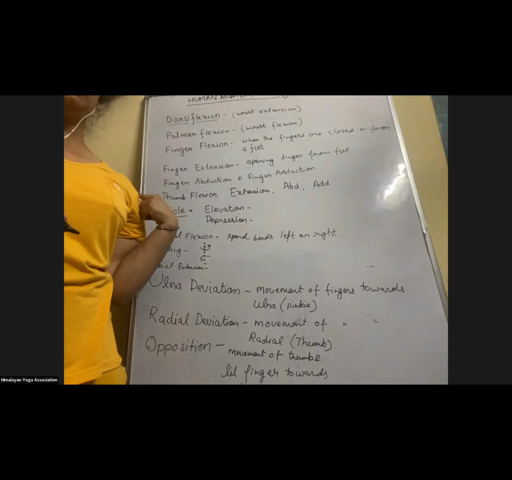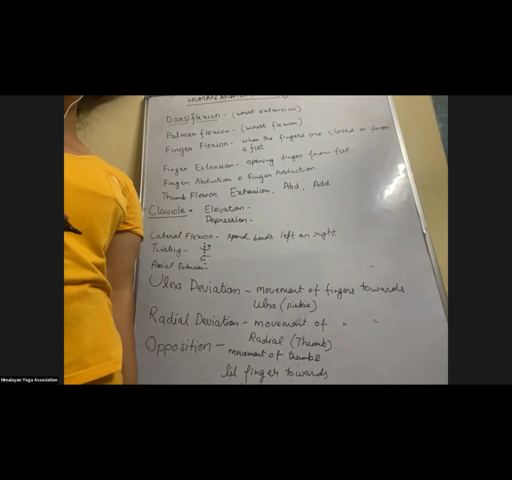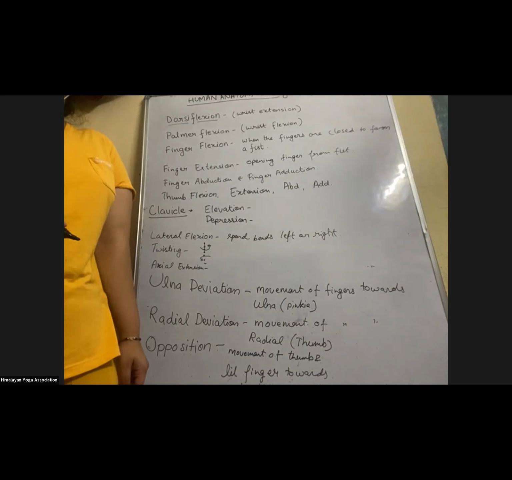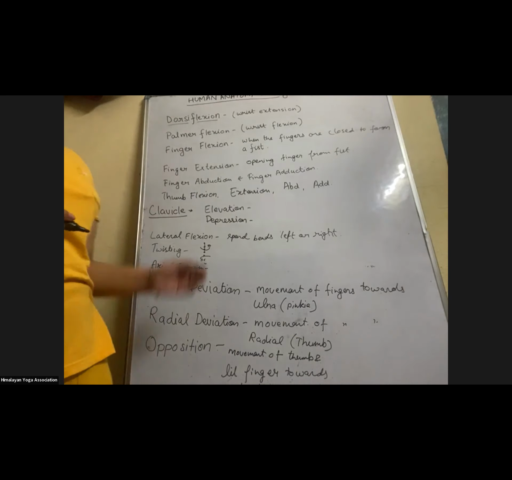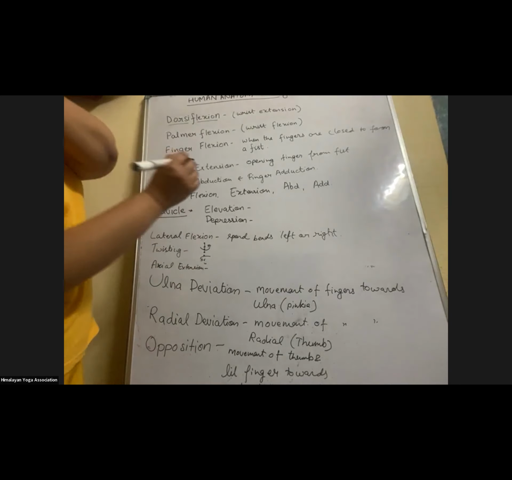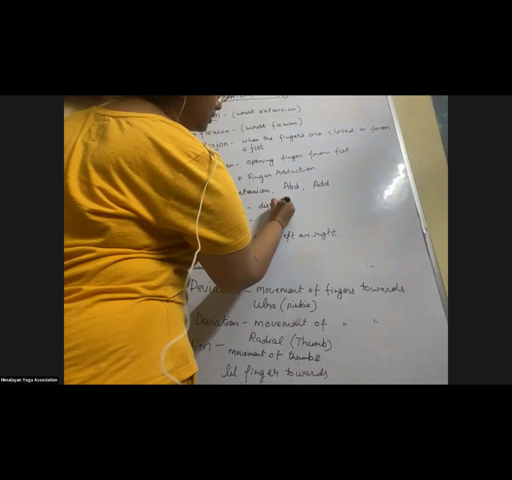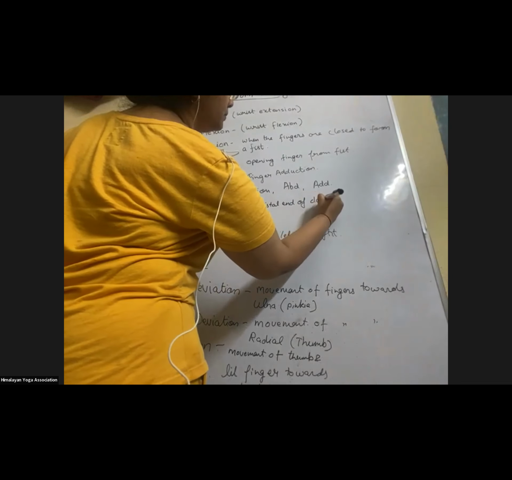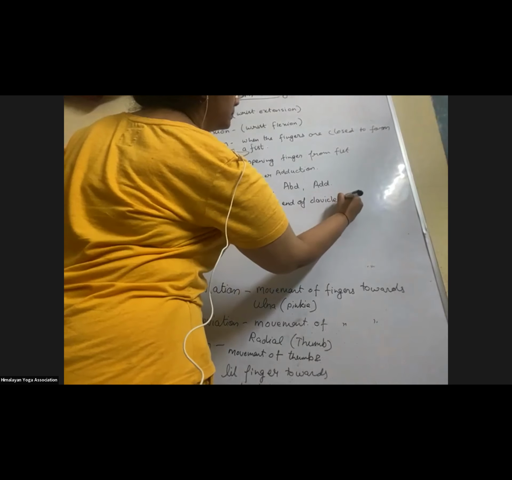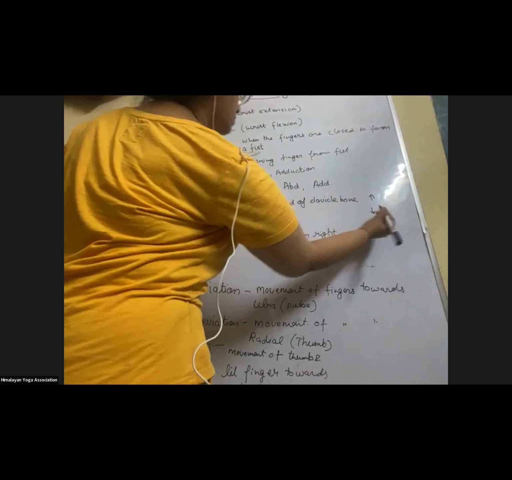When it moves downward, it's called depression. Upward elevation, downward depression. This we are studying with respect to the distal end of the clavicle bone. This is upward and this is downward.